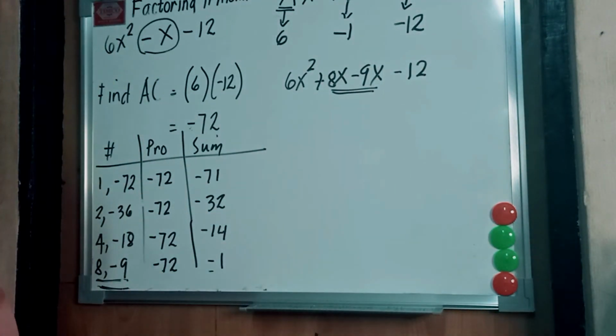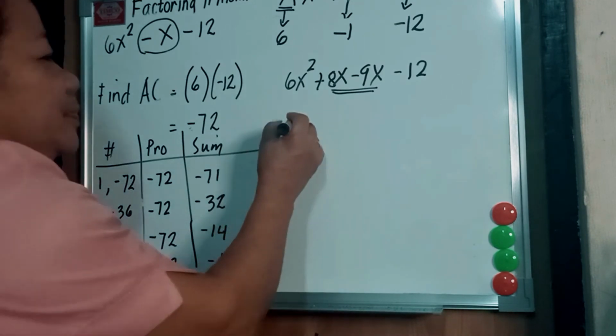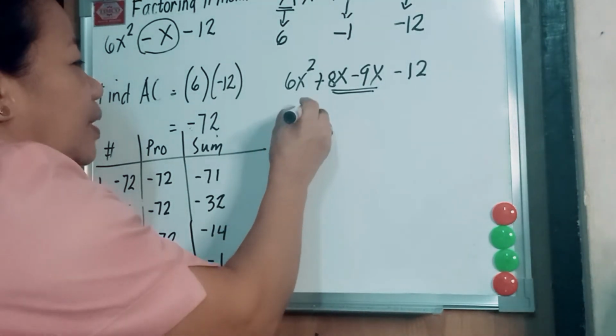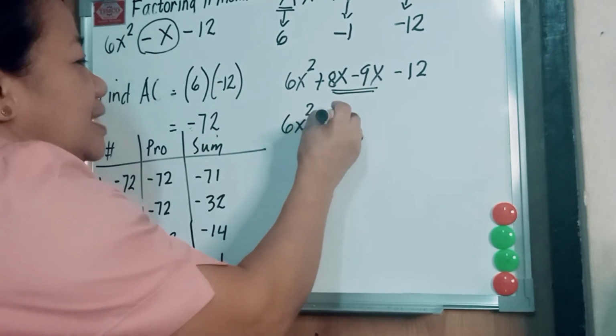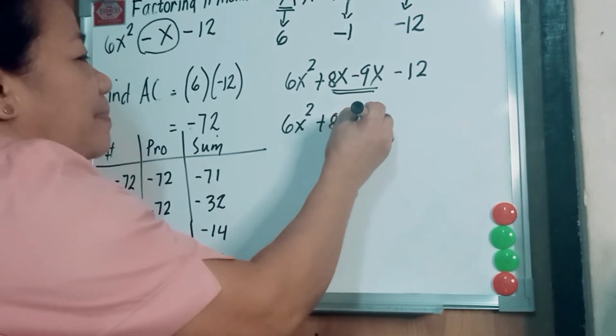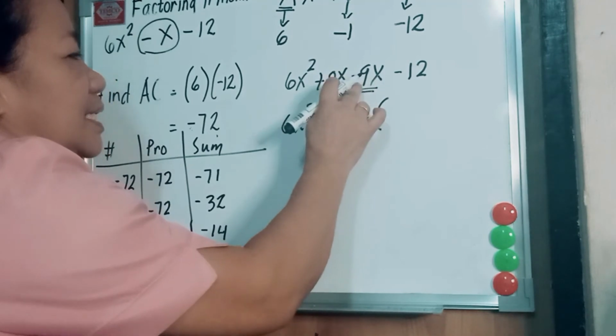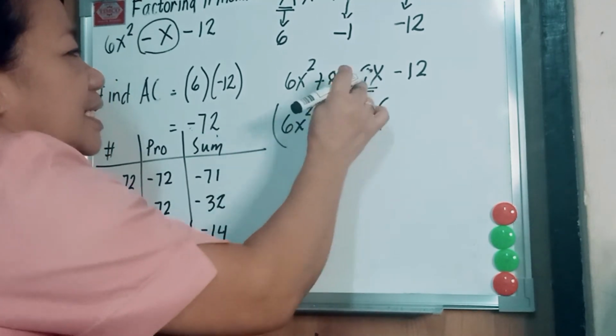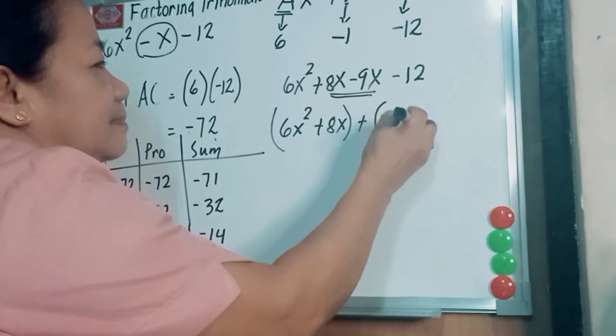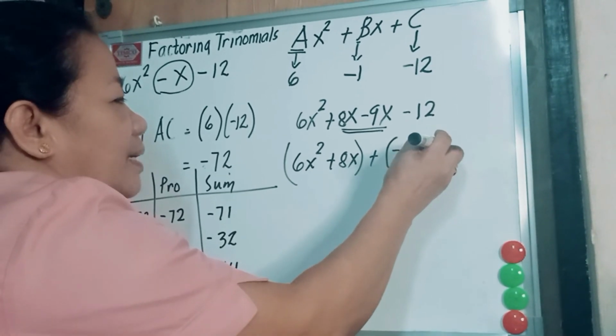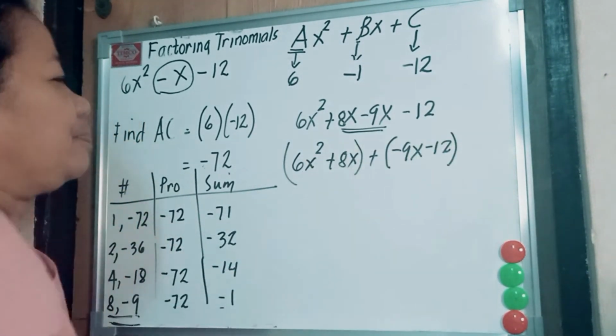Now, again, we are going to group the terms. So, we have 6x squared plus 8x plus the quantity negative 9x minus 12. There.